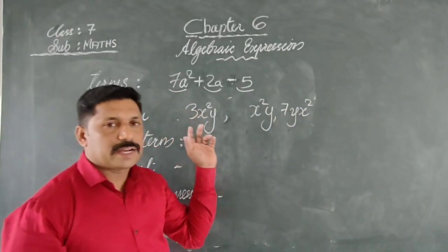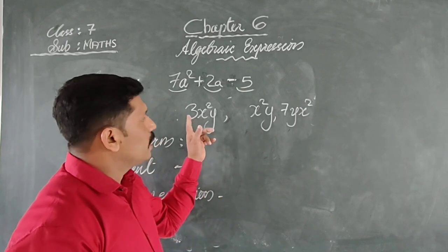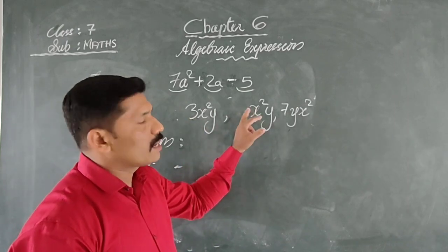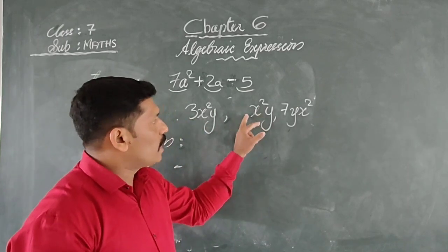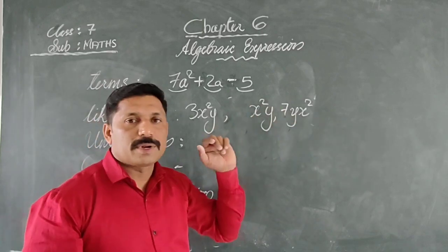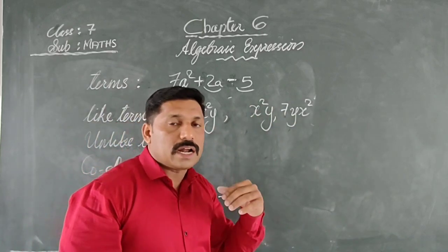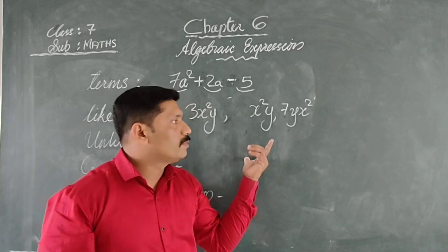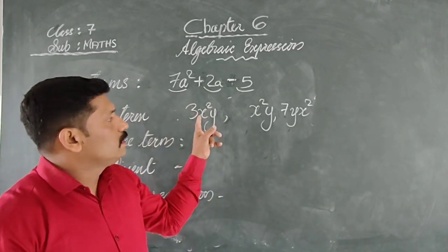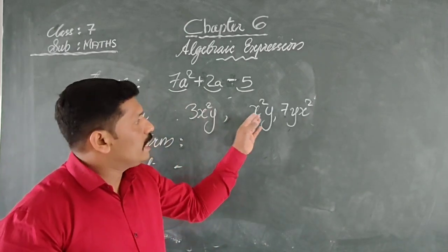The numerical factor, the coefficient, can be anything. Here 3, and here no numerical factor, which means it is 1, and here 7 is the numerical factor. But we don't consider the numerical factor. We see only the variable part.